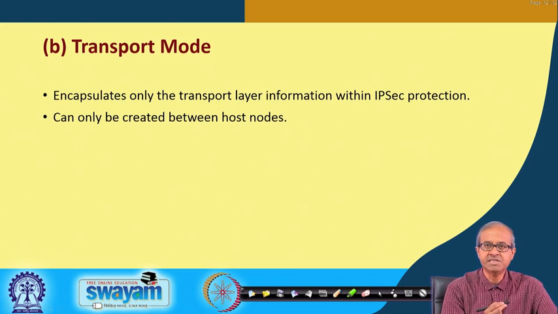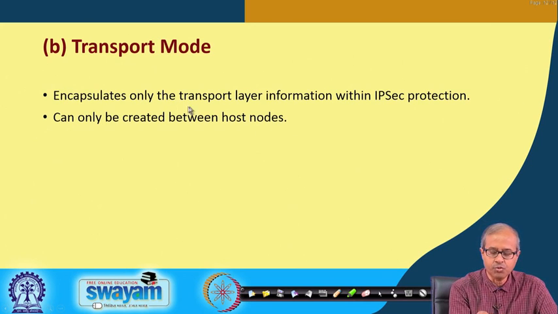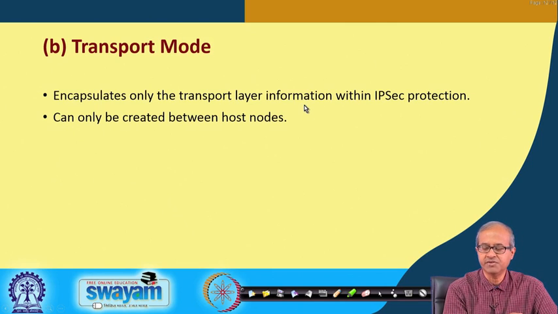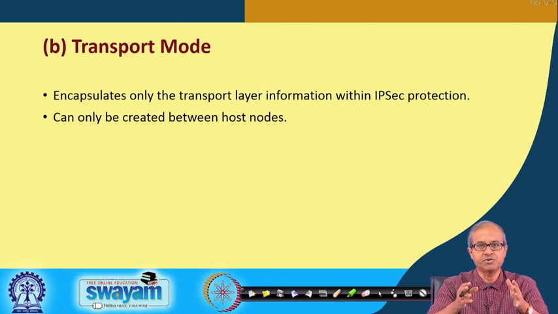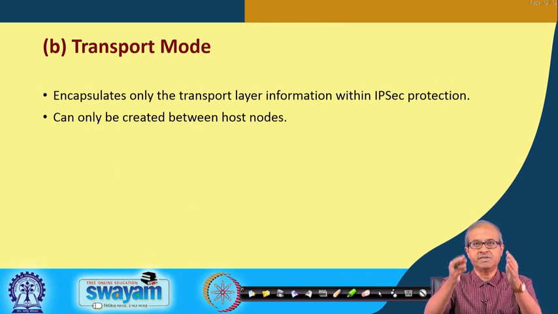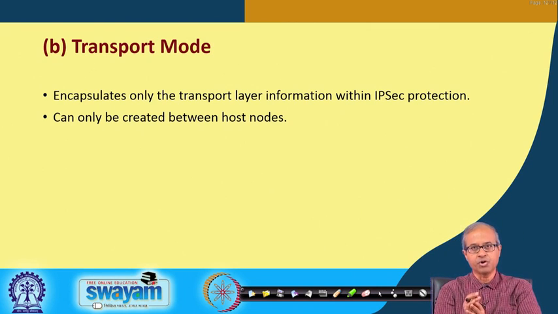The second one is transport mode, where you encapsulate only the transport layer information within IPsec protection. So, whatever is coming from the transport layer, you do not put the IP header, you take out the IP header. So, you just imagine when a packet flows down the multiple layers in the protocol stack.